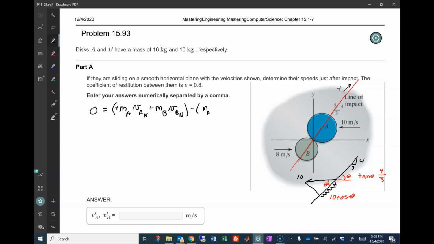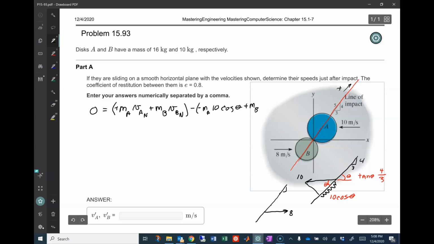Before the collision, I have a momentum of mass A times 10 cosine theta. Which way is he going? He's going in the negative direction, so that would be a negative. And then plus, I have to do the same thing for mass B. So it'd be mass B times his value. There's the normal line. This guy is 8 right there.